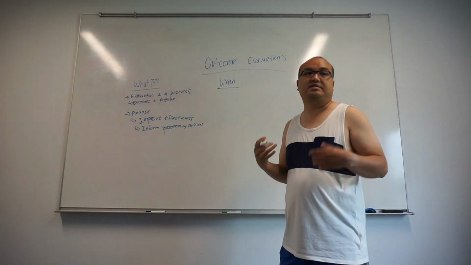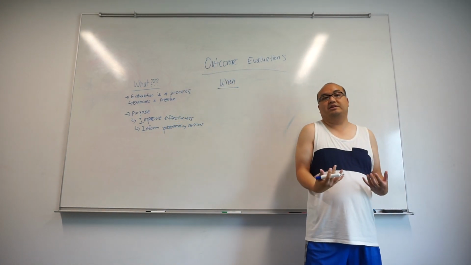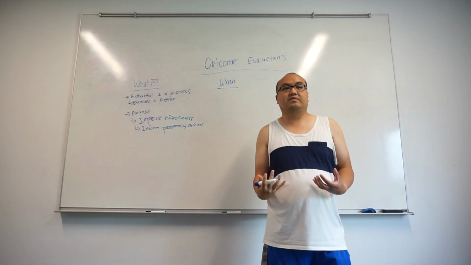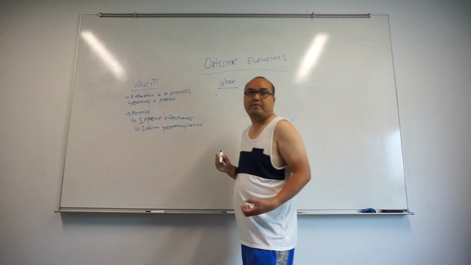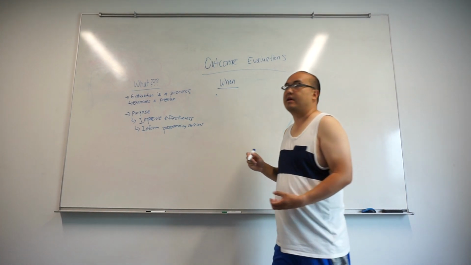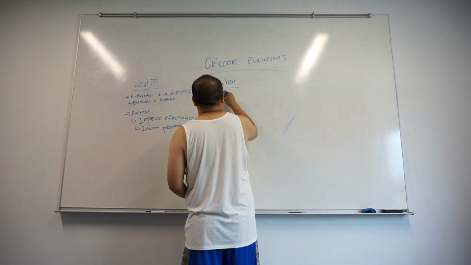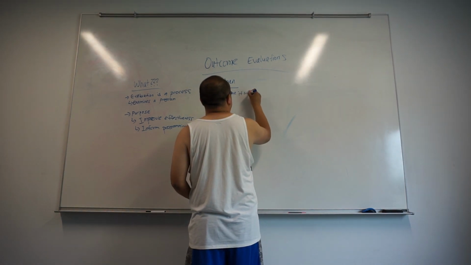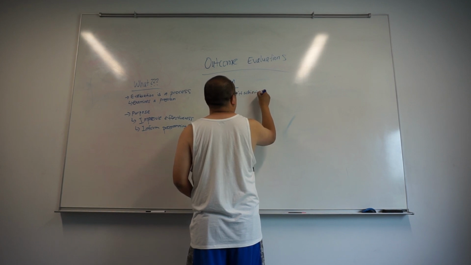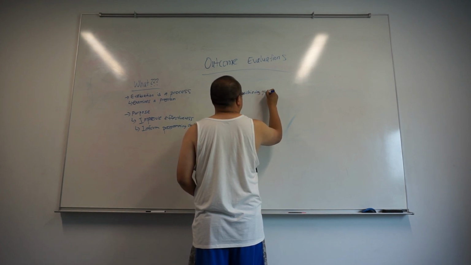Questions are asked, is the program achieving its objectives? There are 3 points for agencies. One is determine if a program is achieving its goals.